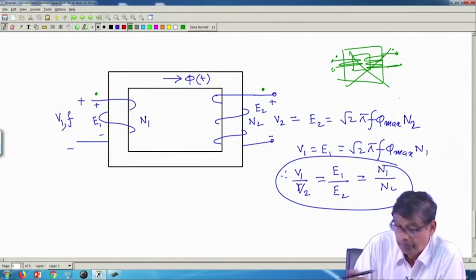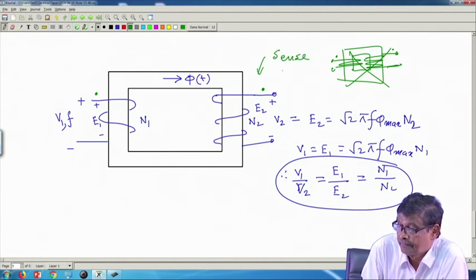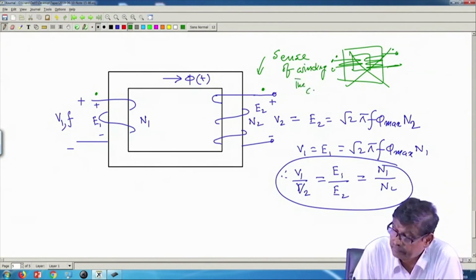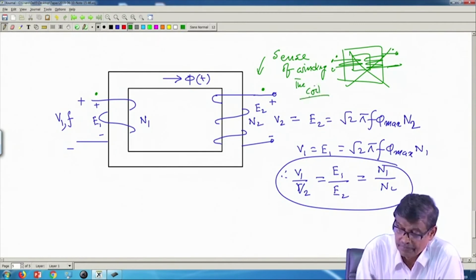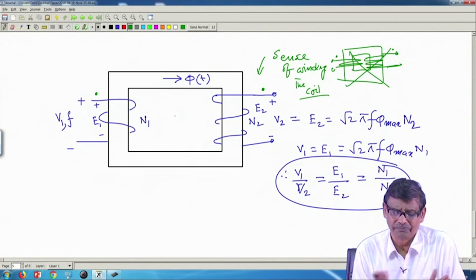That you can only do provided you know the sense of winding the coil. If that is meticulously shown, then you can figure it out.